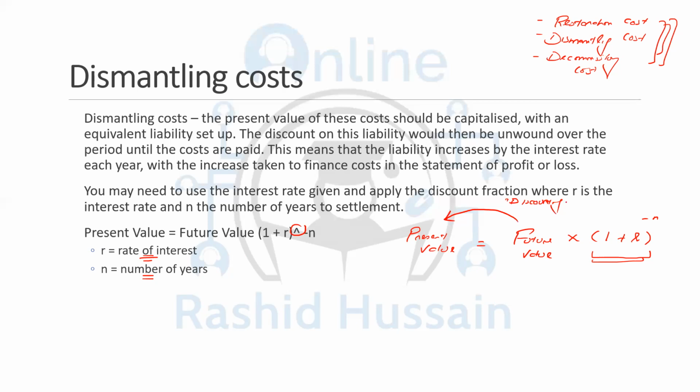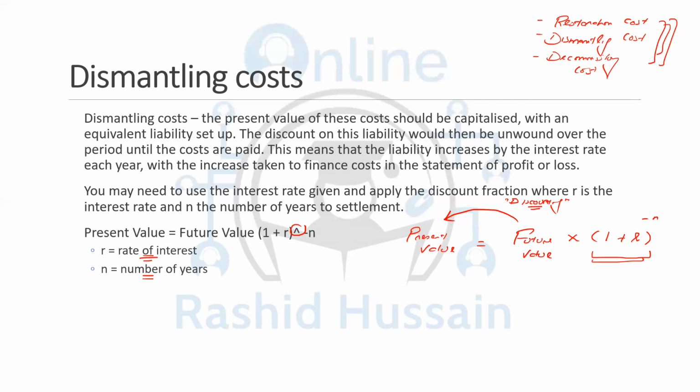Be attentive, this is a very important thing, and you can expect it in the exam. When you're bringing future value to the present value, this process is known as discounting.